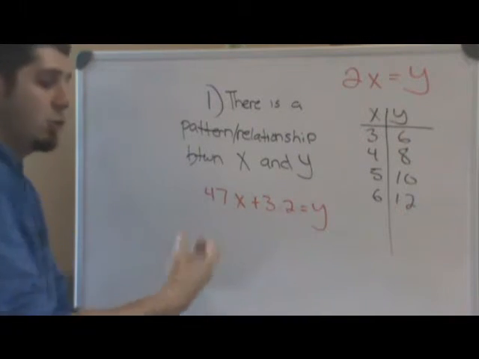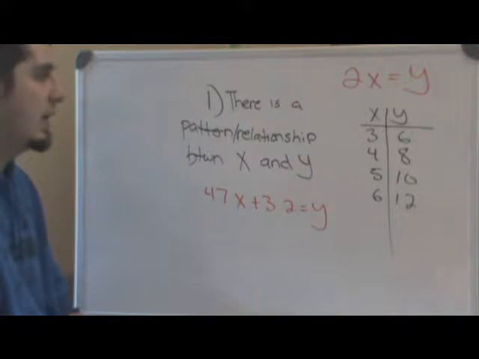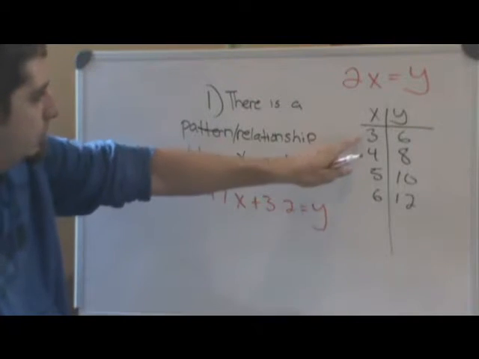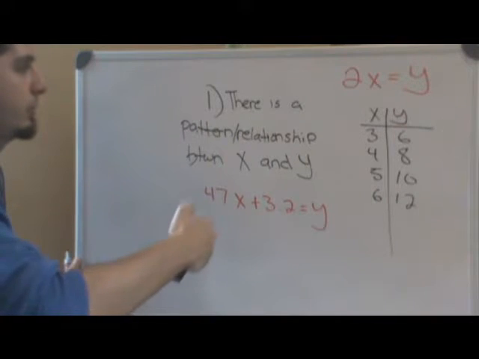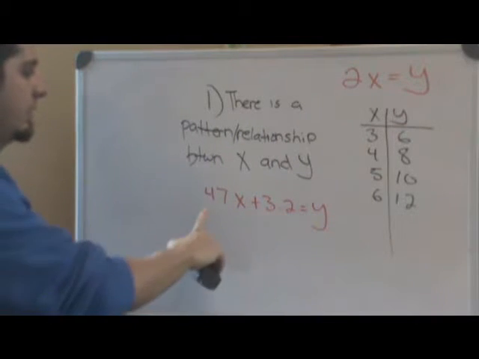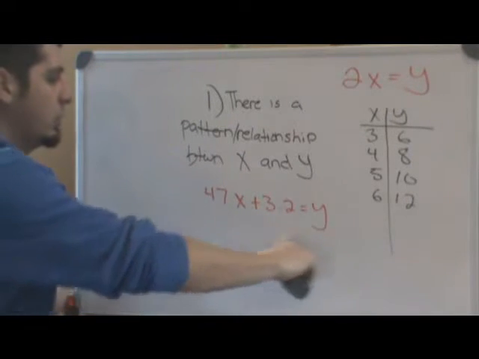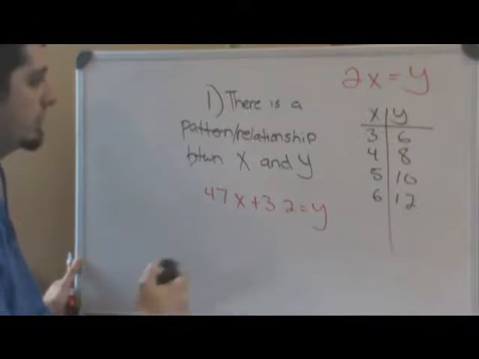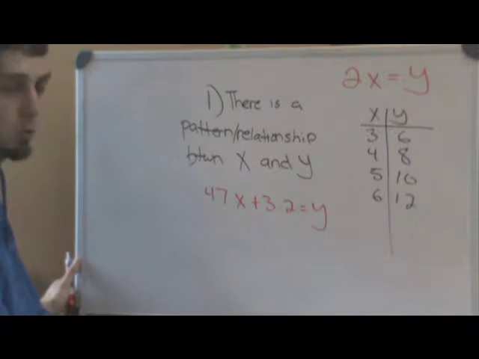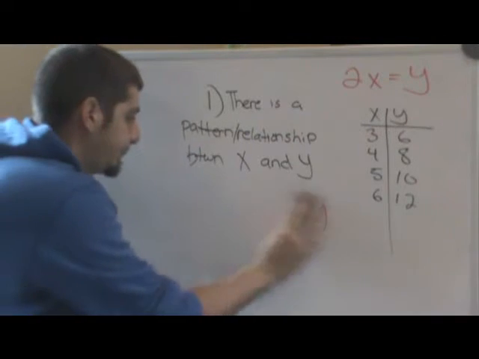That is a relationship that could exist, but that's not one I'm going to look at an ordered pair and see. If I look at 3 and 6, for most of us it's very obvious that when I double 3, I get 6. But if I showed you the ordered pairs for this equation, most of us wouldn't be able to tell that there was a relationship between x and y. We would just think they were random numbers.